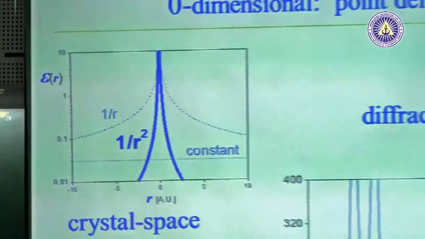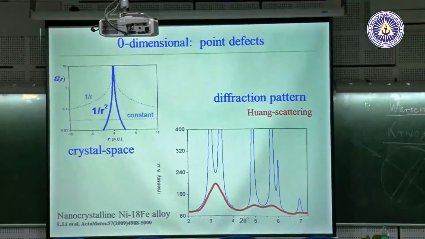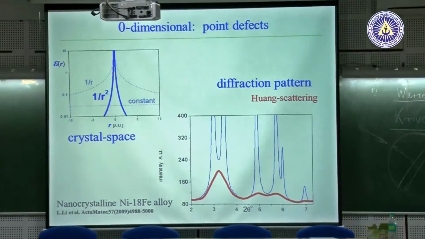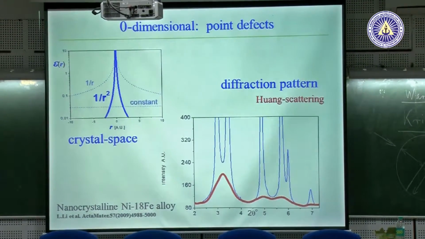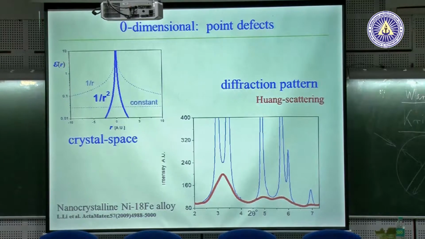So in diffraction, they will give you diffraction at large distances from the Bragg reflection. I don't know if this is clear. Is that clear? So you get lousy, slowly varying, background-like diffraction below the Bragg peaks.